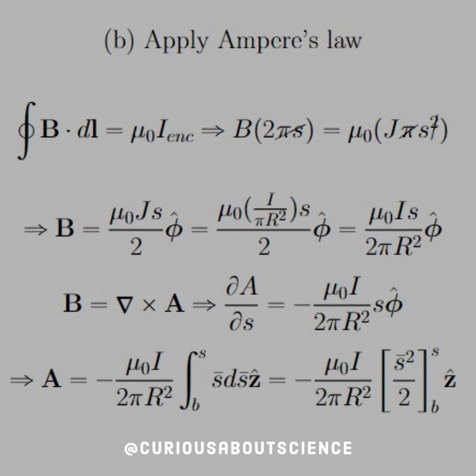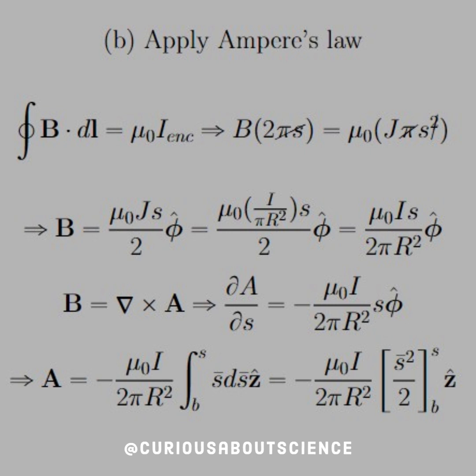We get some cancellations, and B is indeed equal to mu naught J s over 2 in the phi hat direction. J itself is equal to I over pi R squared, because I is divided by the area of the circle, which in this case has radius R. So we simplify through and carry out.